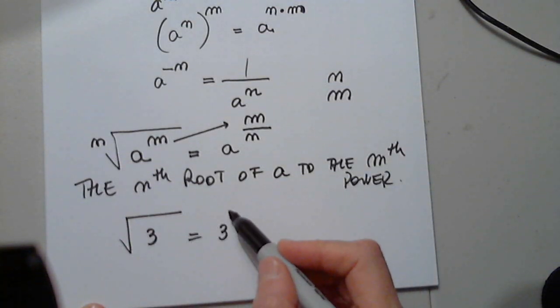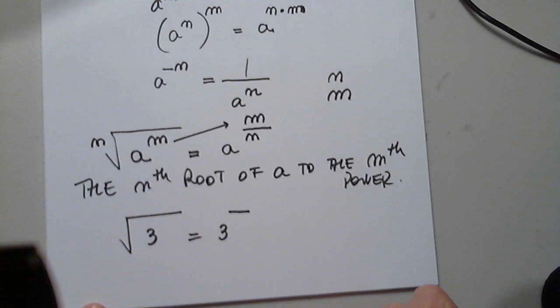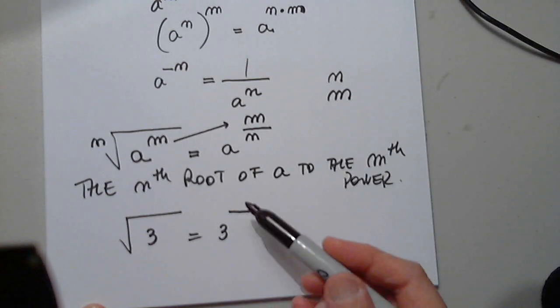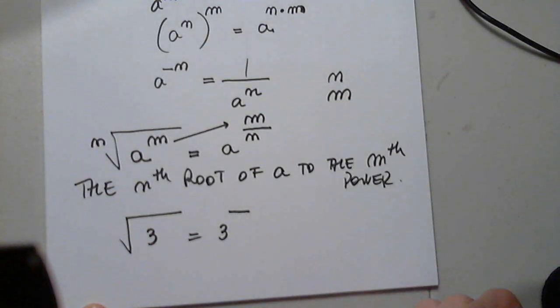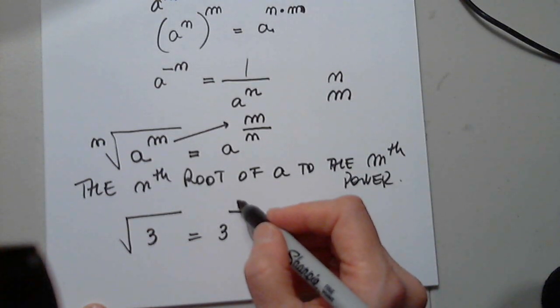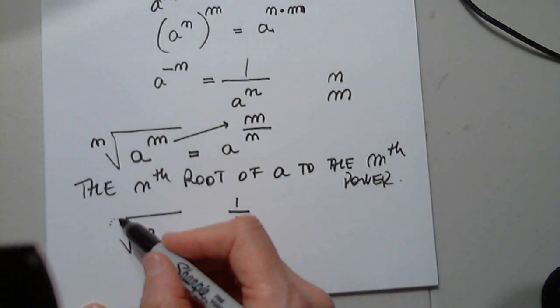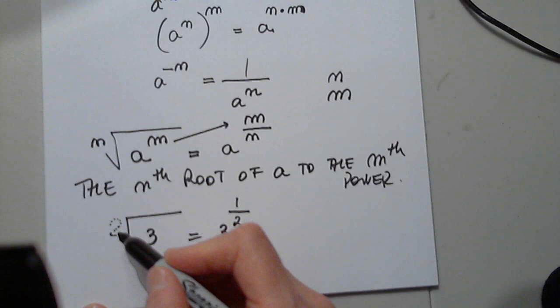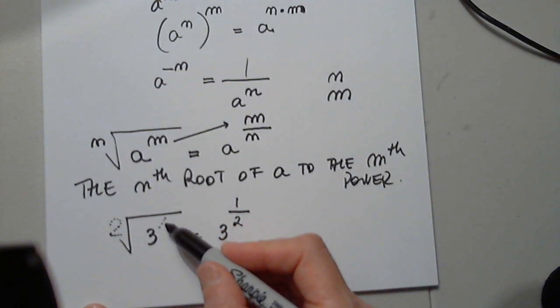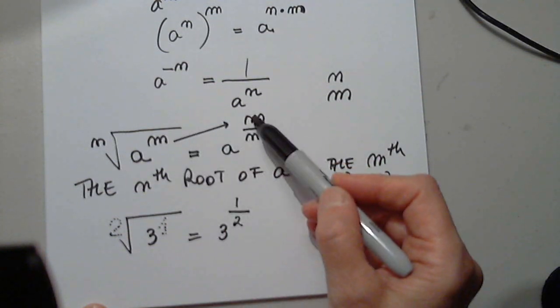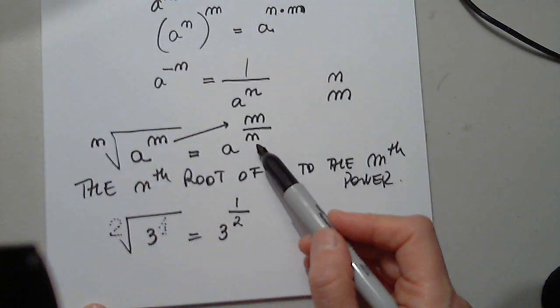It's a root, so the power has to be a fraction. What is the fraction here? There is a 2 here, and there is a 1 here. So the power is the numerator, the index is the denominator.